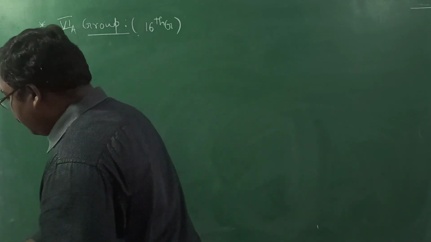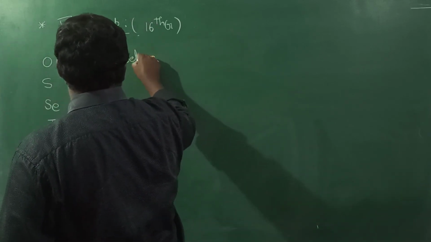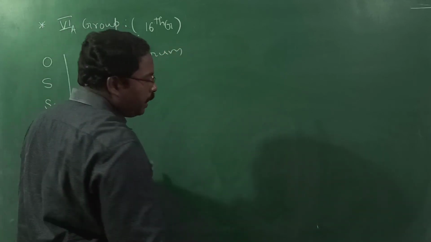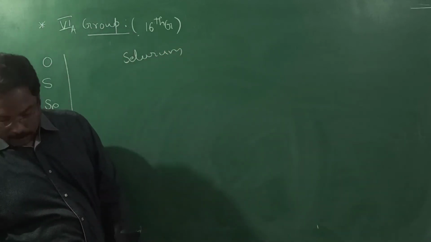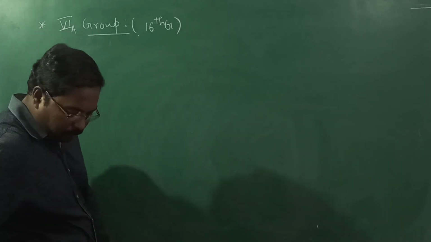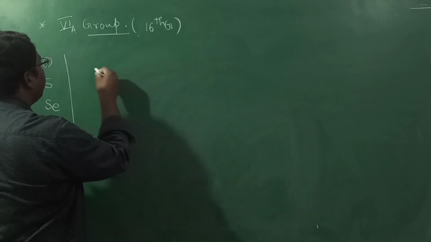So Se is selenium, okay, tellurium and polonium. Now, coming to the common name, these are known as chalcogens.